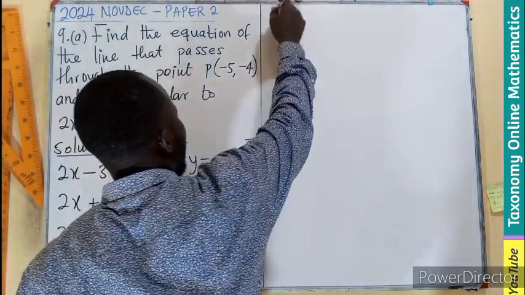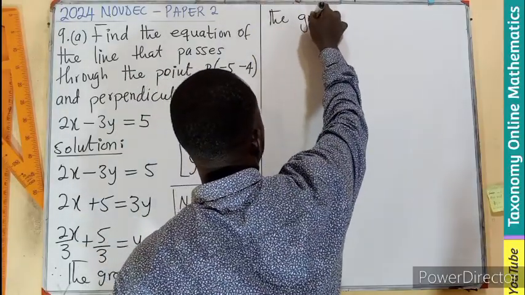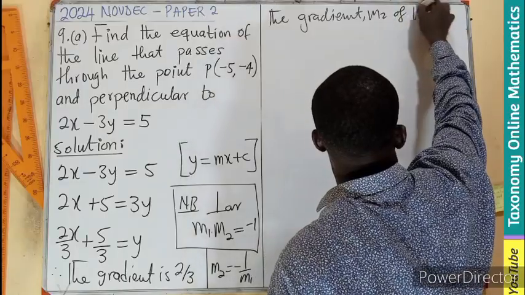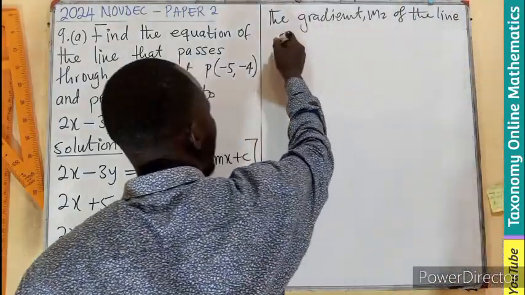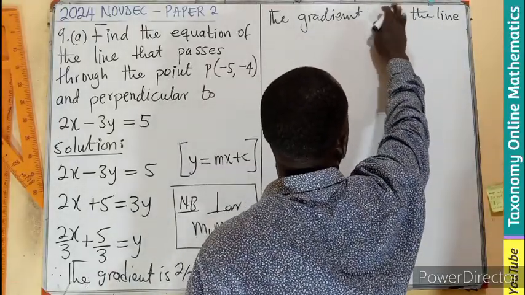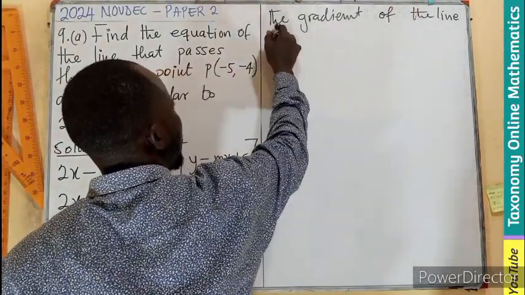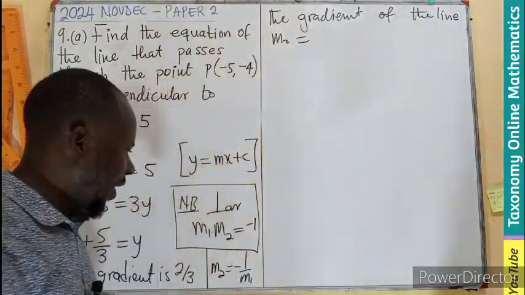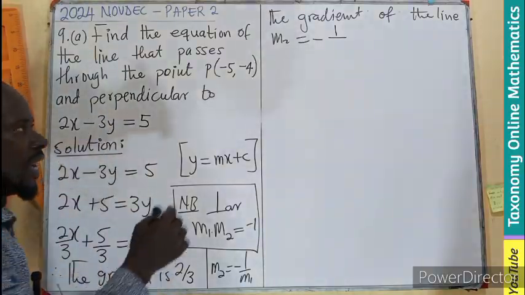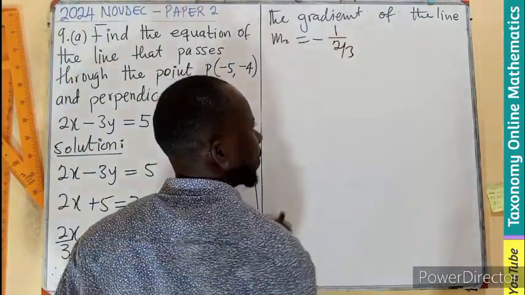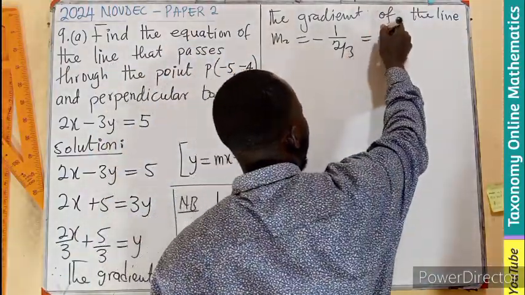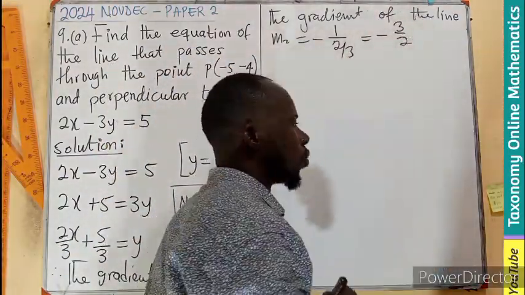So the gradient of the line, m2, will be equal to the negative reciprocal, so -1 over this gradient, which is 2 on 3. Remember, this is double division, so the denominator goes up to give us -3 on 2.